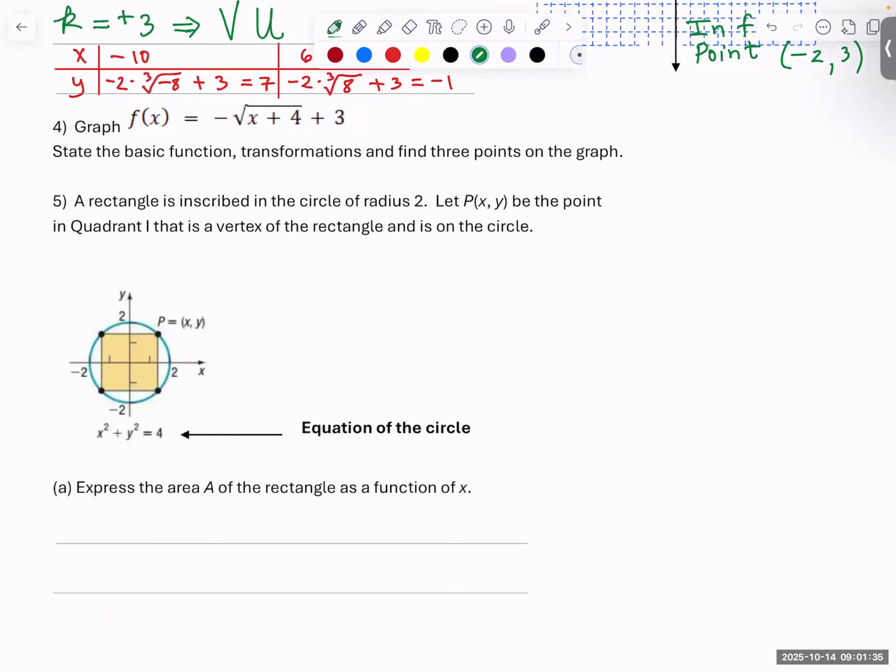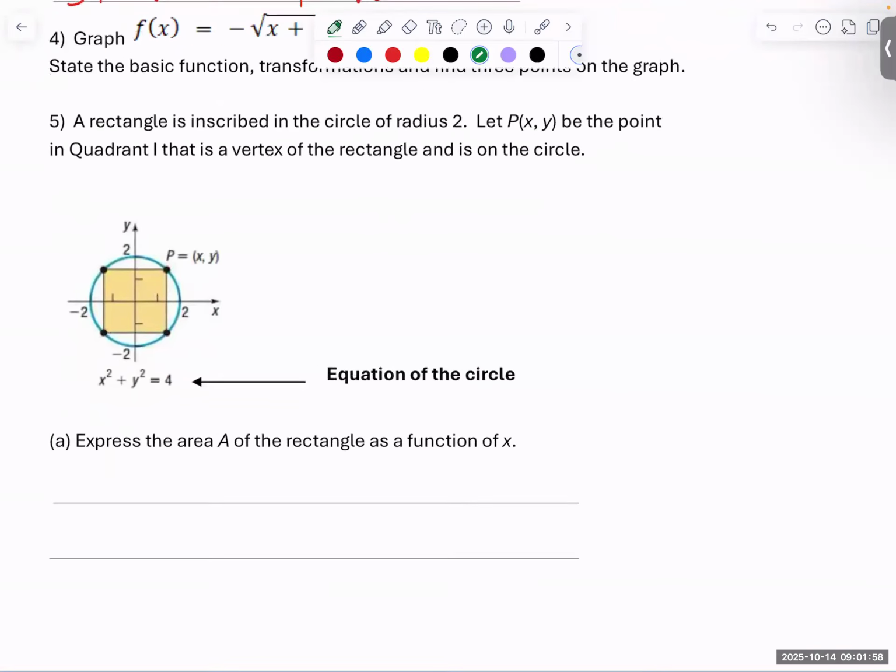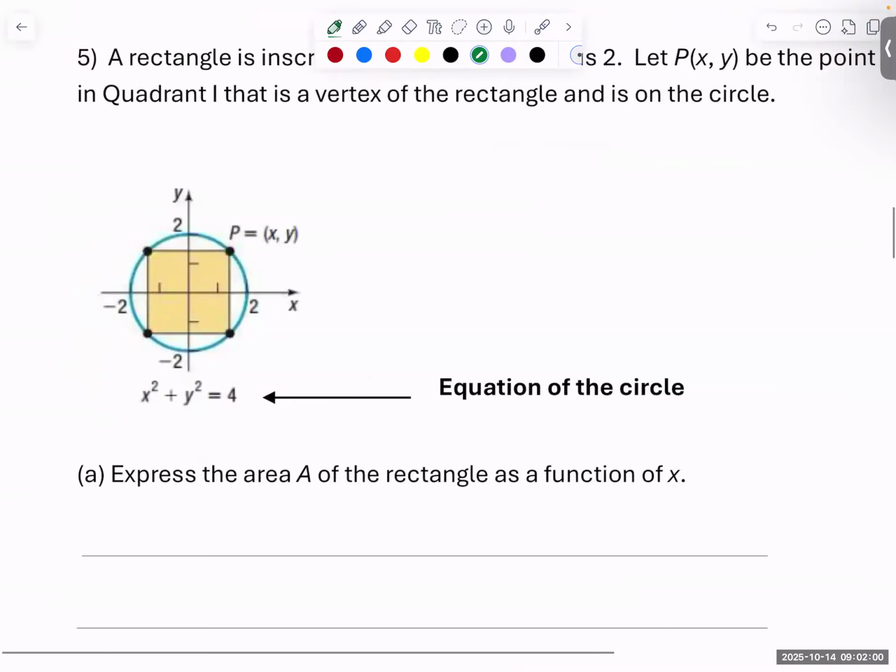Number 5, we have a rectangle inscribed in a circle. Let point P be a point on the circle and a vertex of the rectangle. And the radius of the circle is 2. The equation of the circle is x squared plus y squared equals 4. And in case you have to create that, draw a radius from the origin to point P. Draw the altitude perpendicular at 90 degrees.